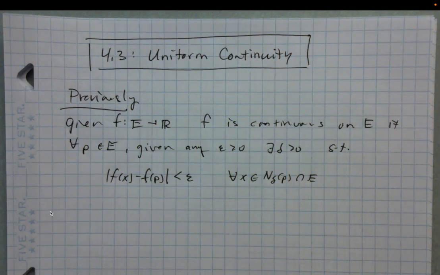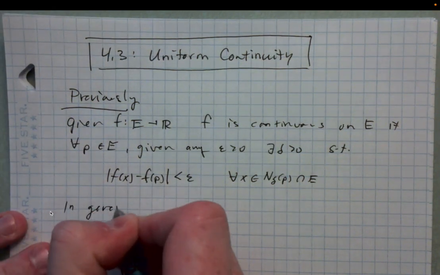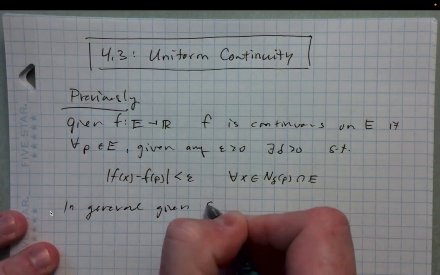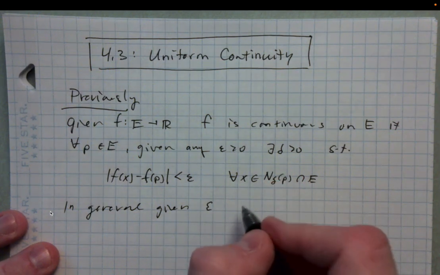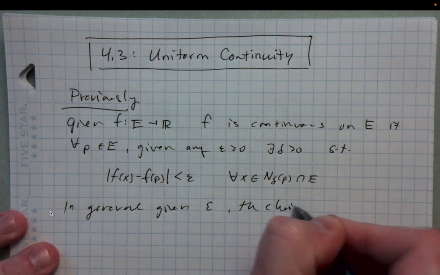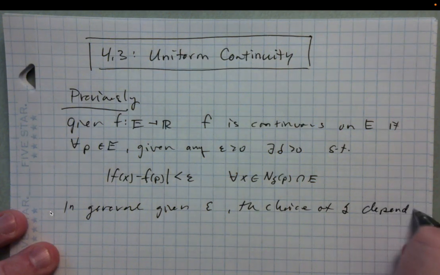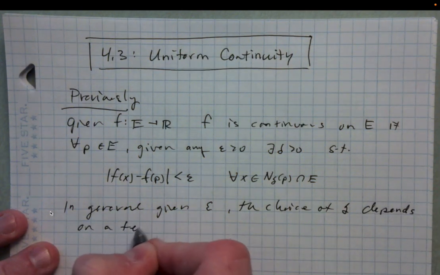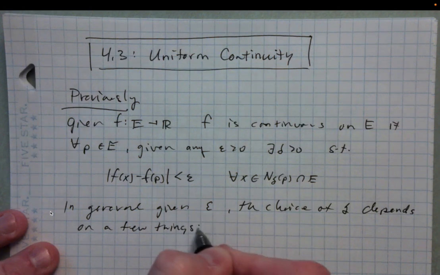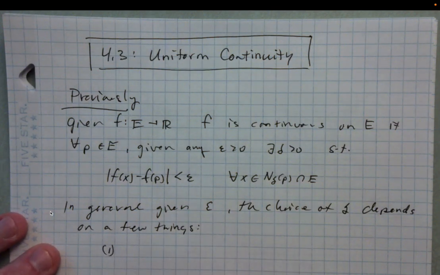Now, if you think about this, and in practice we saw several examples, in general, when you're given an epsilon, how you choose the delta depends on a few things. The first thing is the epsilon.